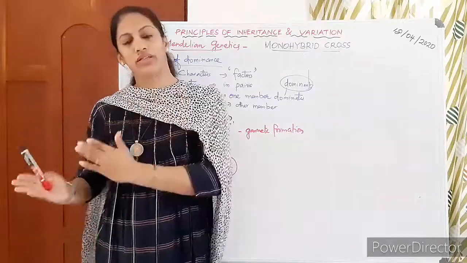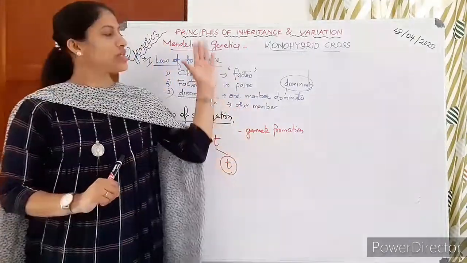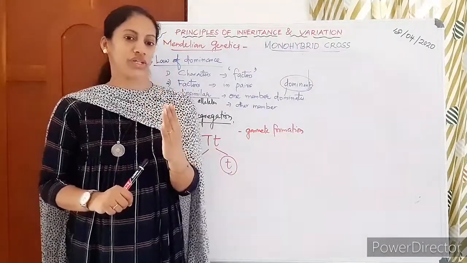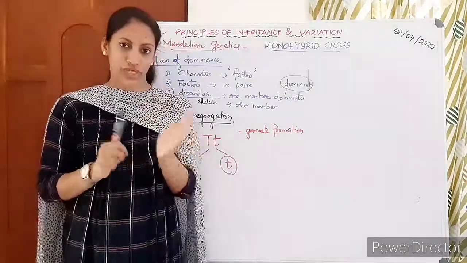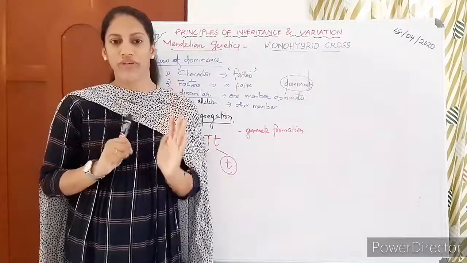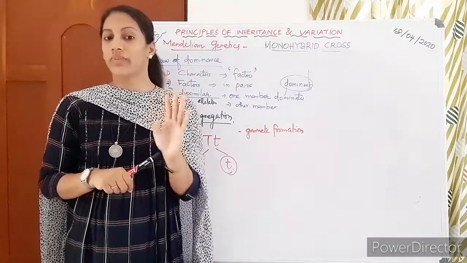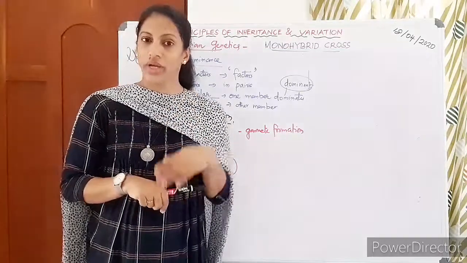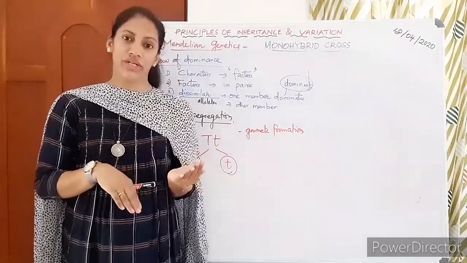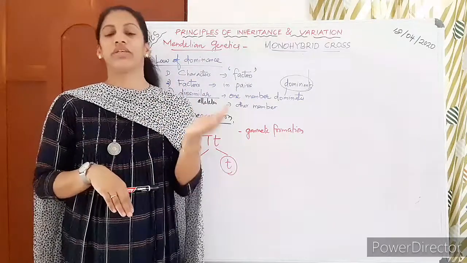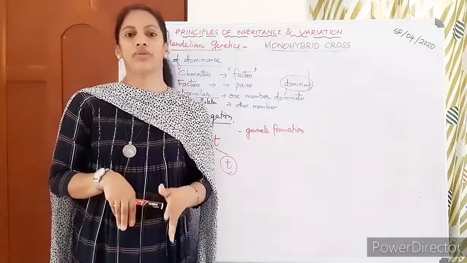In a monohybrid cross, you raised the first generation by crossing tall and dwarf plants. All of them were tall, and the genotype of the tall plants in the F1 was capital T, small t. When the F1 were selfed, Mendel observed 75% tall and 25% dwarf.